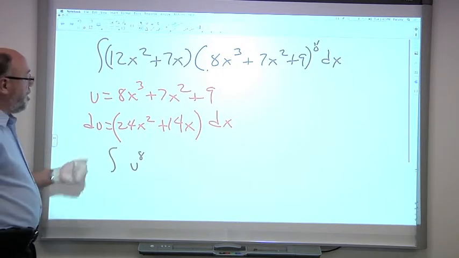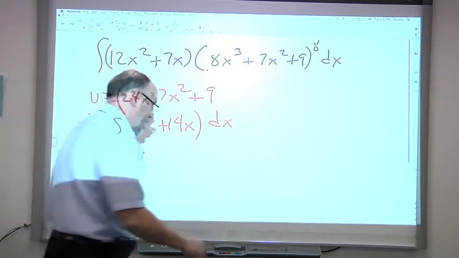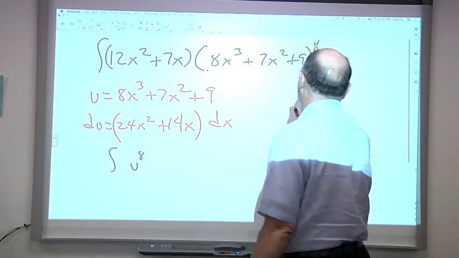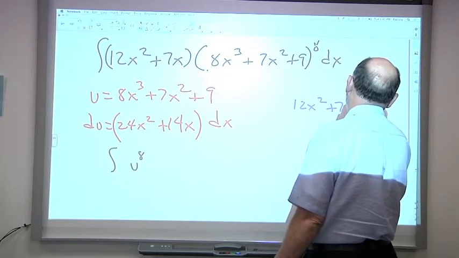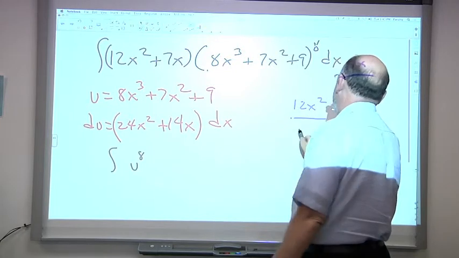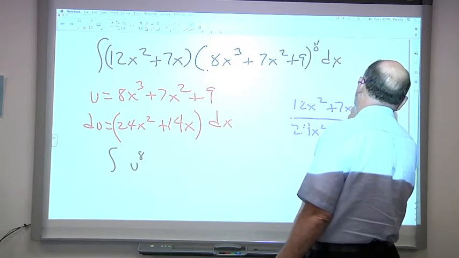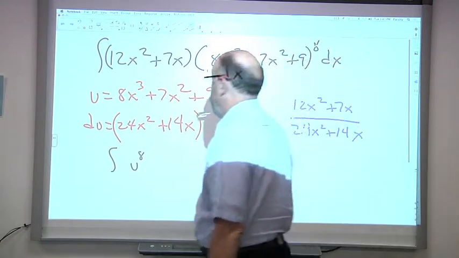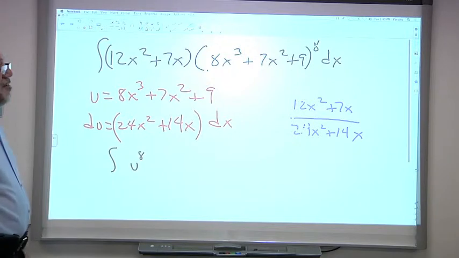So I'm going to multiply it by some factor to make them match, and if I look at that part, what we had was 12x squared plus 7x. What we have down here is 24x squared plus 14x. Okay? And so you can tell by looking at that that the top is half the bottom.